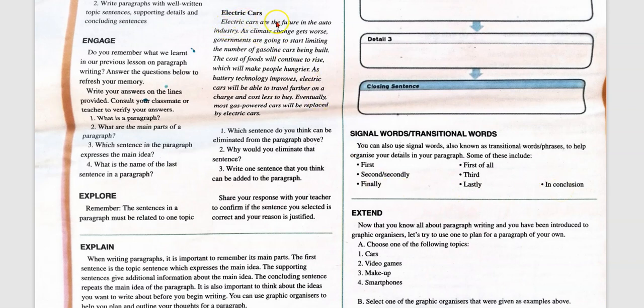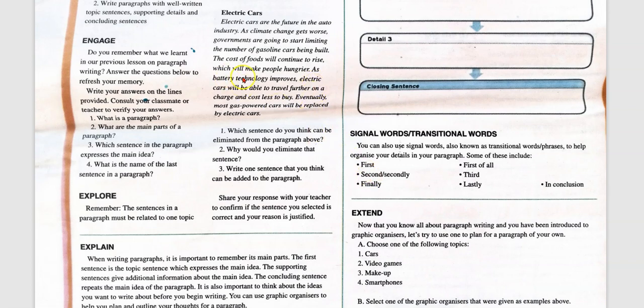So electric cars. Electric cars are the future in the auto industry. You could say firstly, as climate change gets worse, the number of cars, this. Secondly, as we use electric cars, there will be a reduction in the amount of carbon dioxide and other ozone depleting gases that go into the atmosphere.